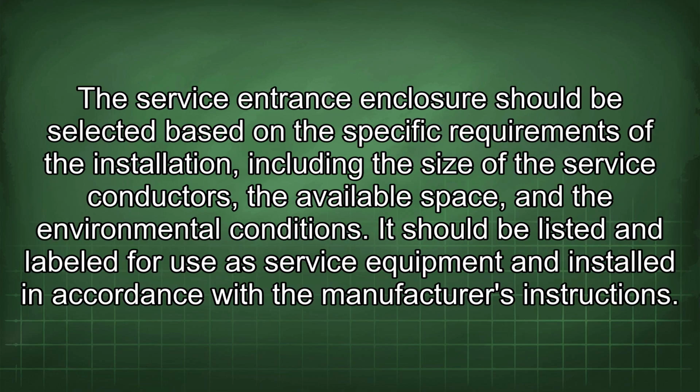The service entrance enclosure should be selected based on the specific requirements of the installation, including the size of the service conductors, the available space, and the environmental conditions. It should be listed and labeled for use as service equipment and installed in accordance with the manufacturer's instructions.